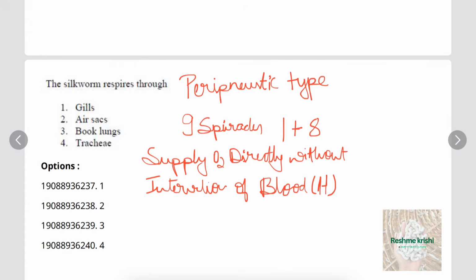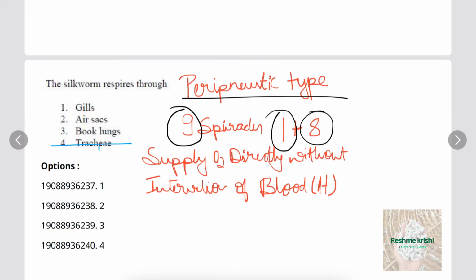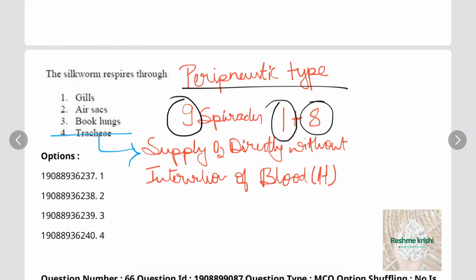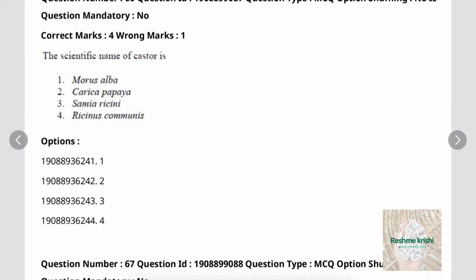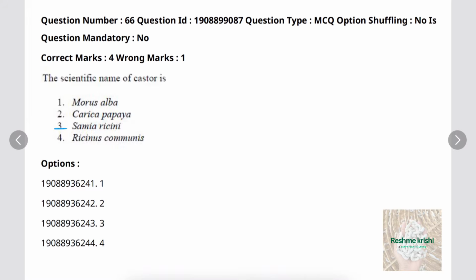And here the answer is trachea. Trachea supplies O2 directly without intervention of the hemolymph. So the silkworm respires through trachea. The scientific name of castor is Ricinus communis.